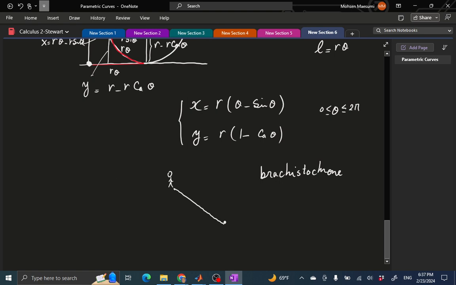The question is, how should I design this slide so that this kid comes down in the shortest amount of time? Should I have just a straight slide? If I want to curve it, how much should I curve it? Do I curve it a lot at the beginning and then make it flat later on, and so on?